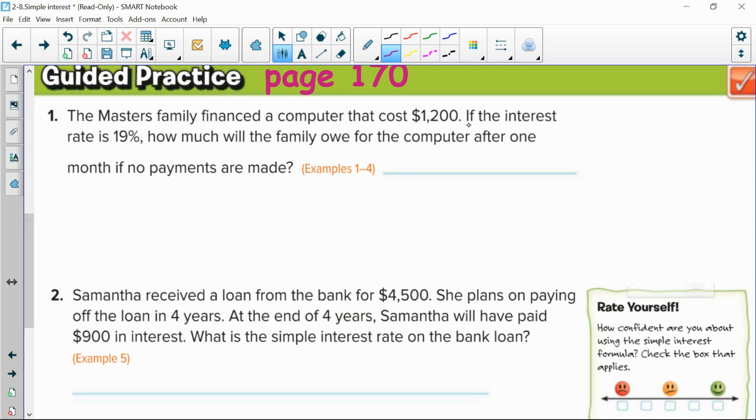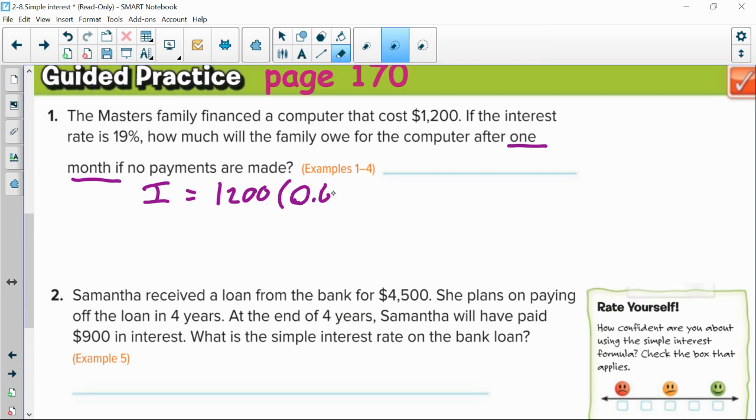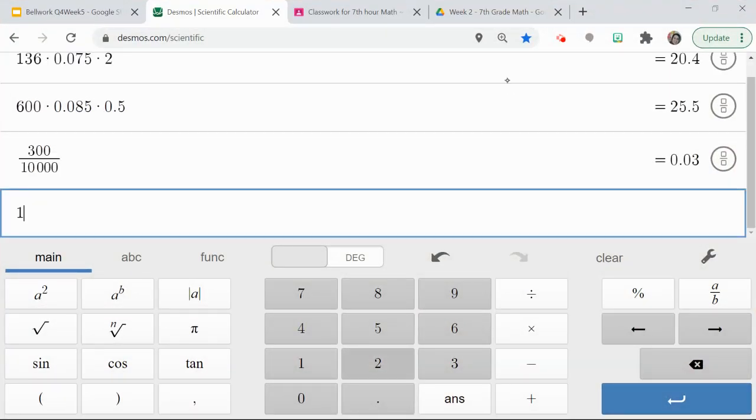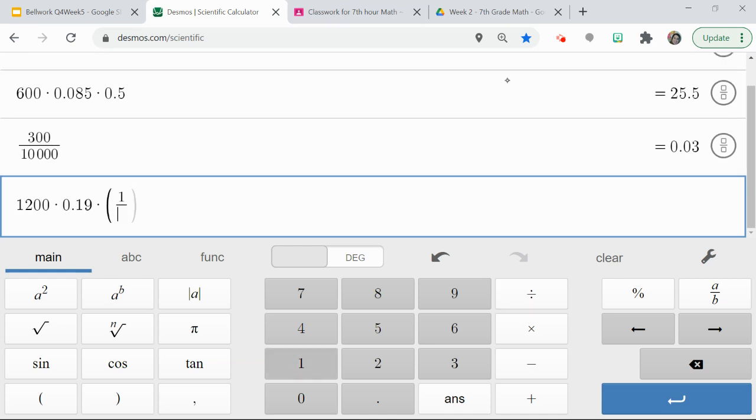Master's family finance the cost of 12,000 at a rate of percent after 1 month, if no payments are made.